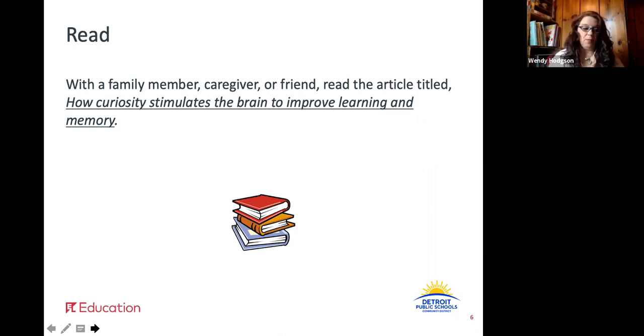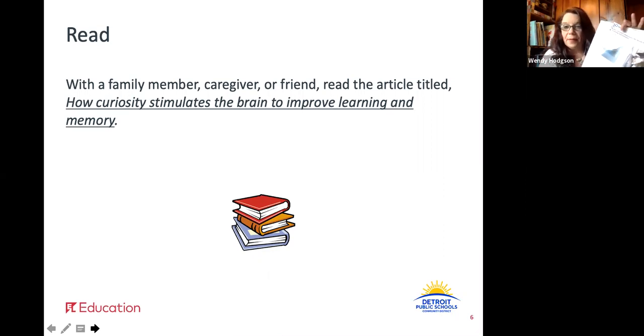But most people can benefit from both seeing the text and hearing the text. Any age, any stage, most people don't mind being read to if it's for their learning or their benefit and their interest. So this article is titled How Curiosity Stimulates the Brain to Improve Learning and Memory.